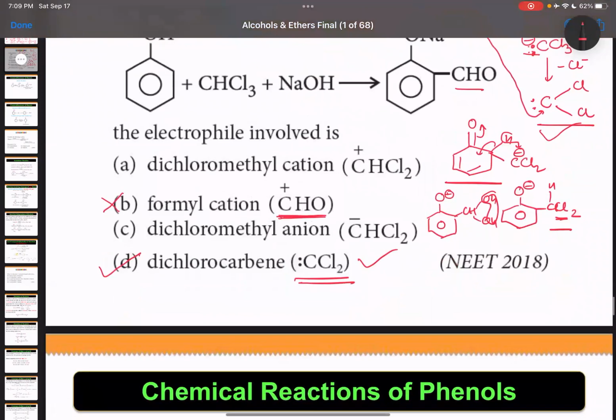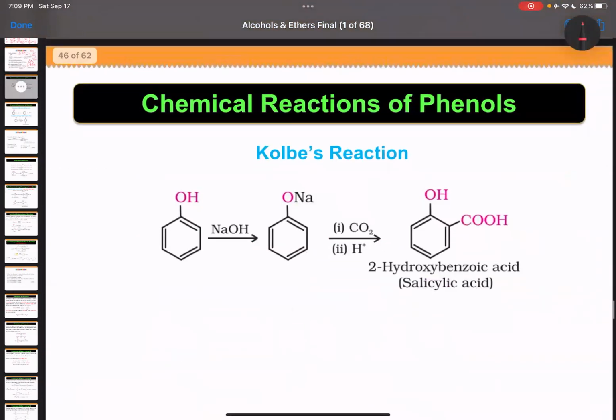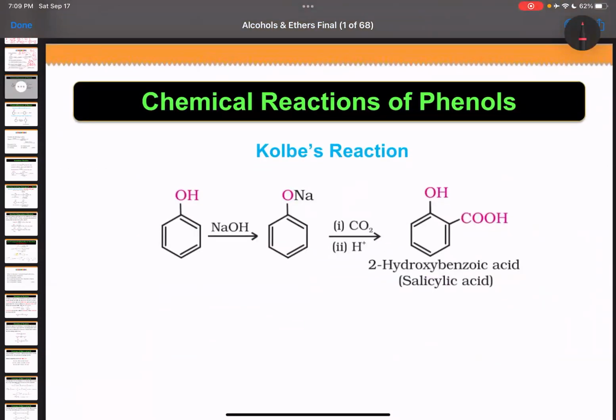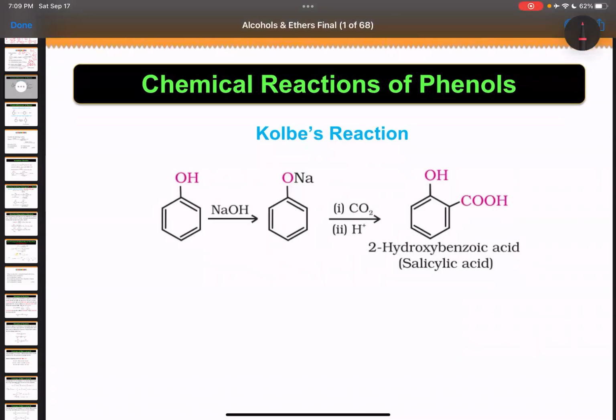So this is a similar reaction, which is Kolbe's reaction, and it looks very similar to the Reimer-Tiemann, but it is not the Reimer-Tiemann reaction. It is different. You take CO2 and you will end up with this.